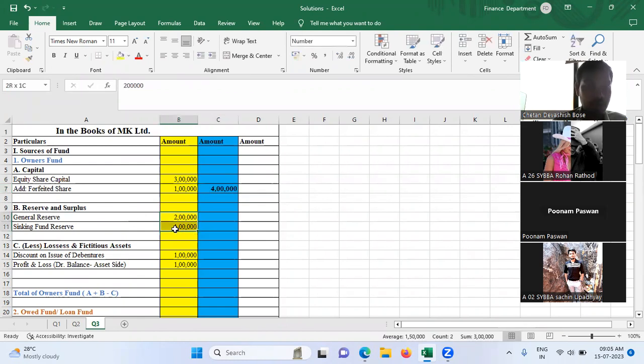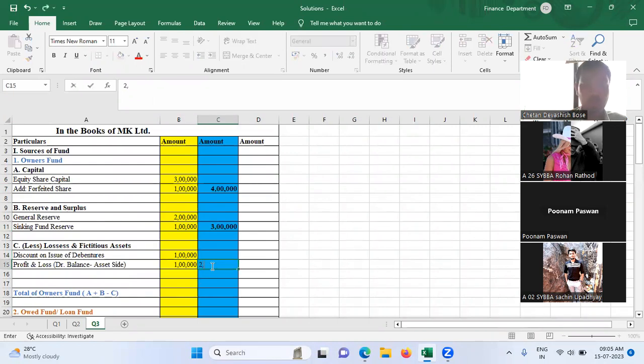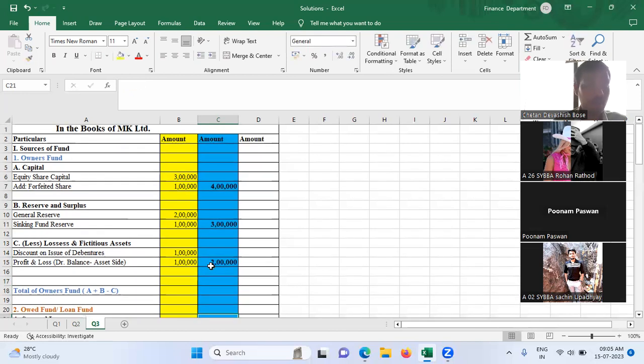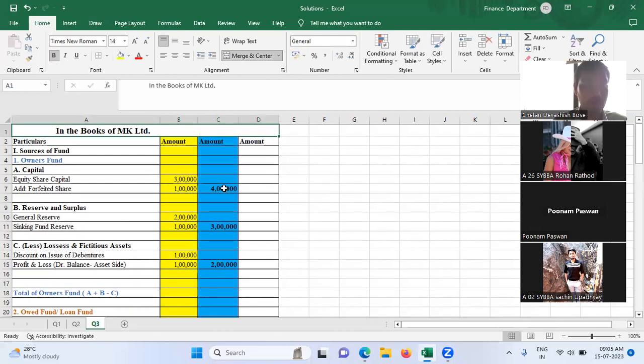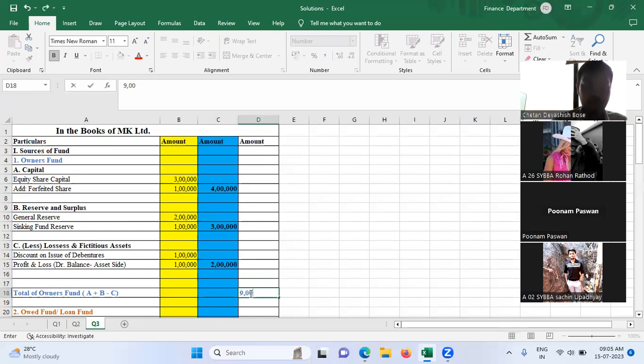Then the reserve: total of reserve 2 lakh plus 1 lakh is 3 lakhs. Then losses and fictitious asset would be 2 lakhs. Now we have to do the total of owner's fund. So the total of 4 lakh, 3 lakh plus 2 lakh would be nothing but 9 lakhs.